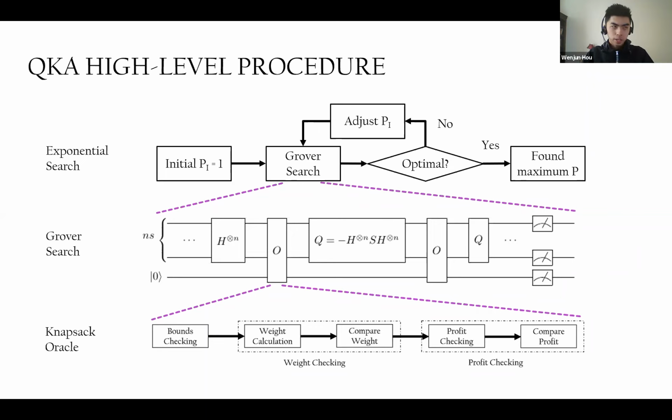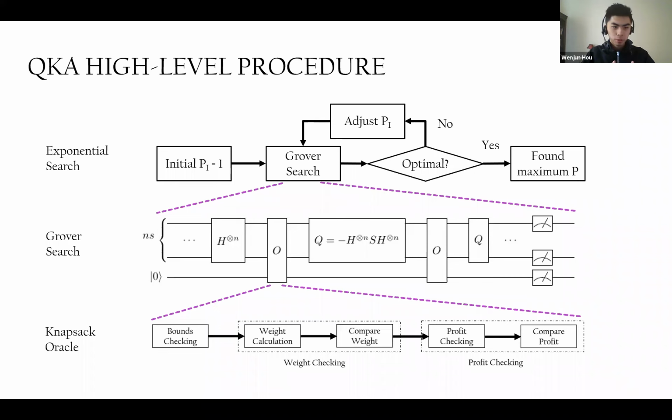And in my case, I designed the black box function to answer whether a particular combination of item amounts in the knapsack problem results in a profit that is greater than the previous profit. To do that, I needed to design an oracle, which is the black box function that answers the question.